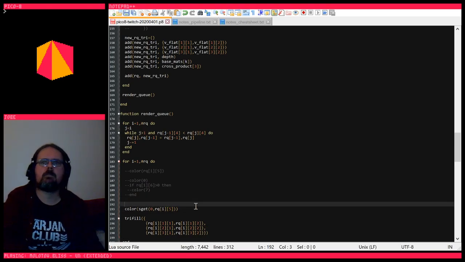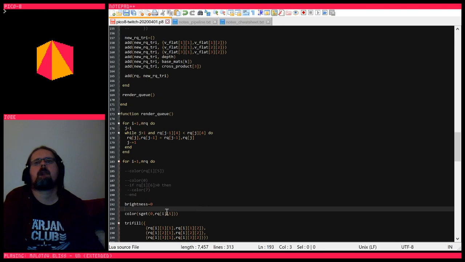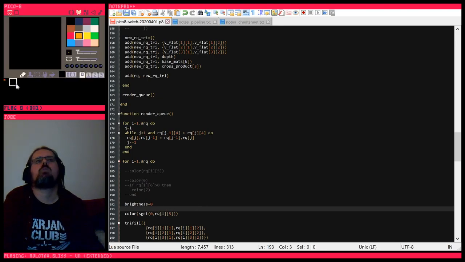And let's actually do so. Let's have our base brightness as 0, and now this black square here is going to be the base value of when there's no light.